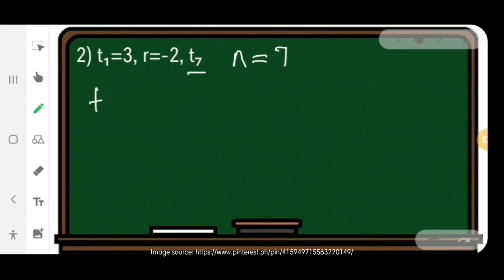Using the formula again for the nth term, we have t sub n is equal to t sub 1 times r raised to n minus 1. Substitute the given value.